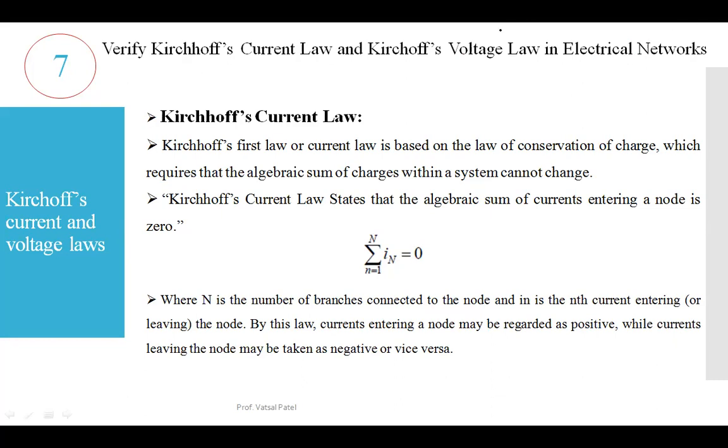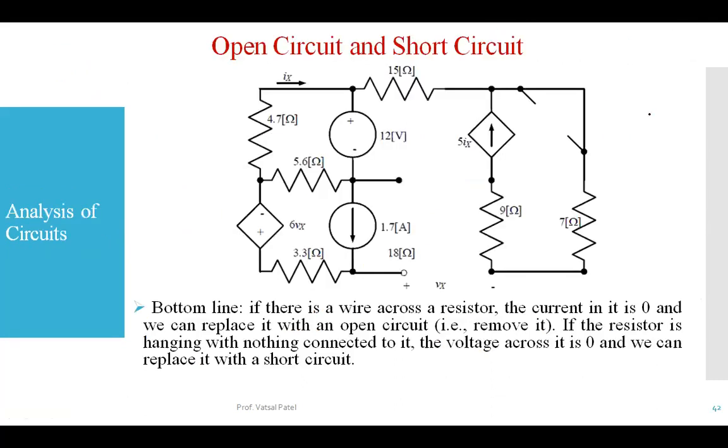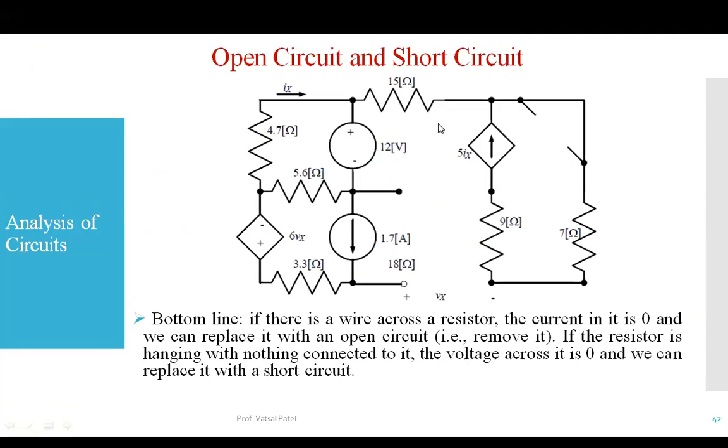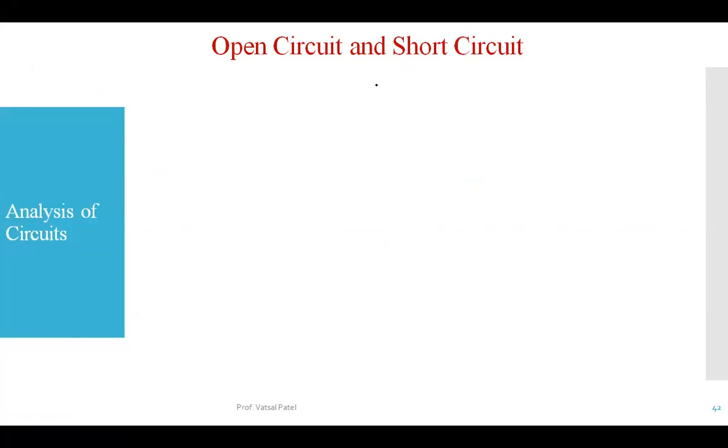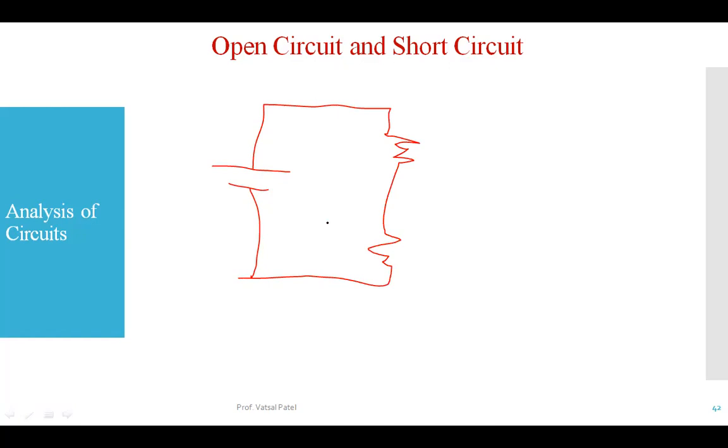Okay, short circuit again, just a minute. If you find any circuit diagram, let's say, I'm going to draw it here for your understanding. Suppose you have a battery source like this, you have one resistance here, and you have one more resistance here, and by chance you have connected one wire here.